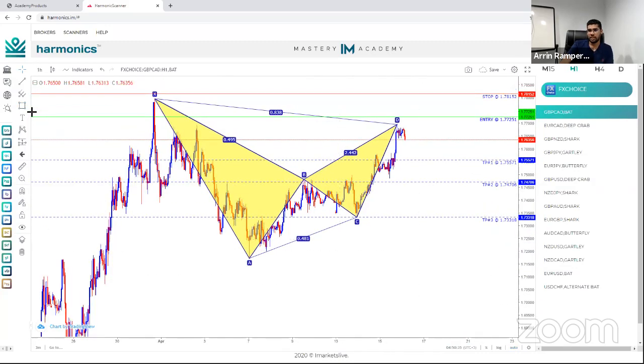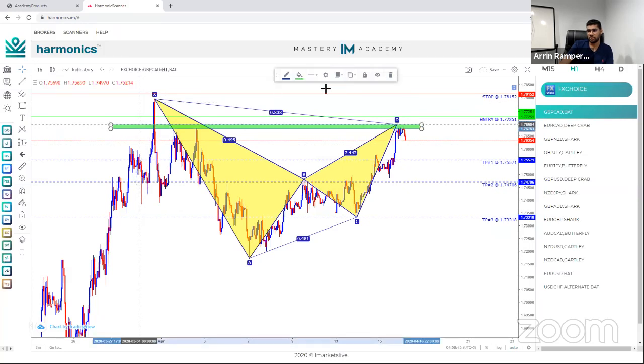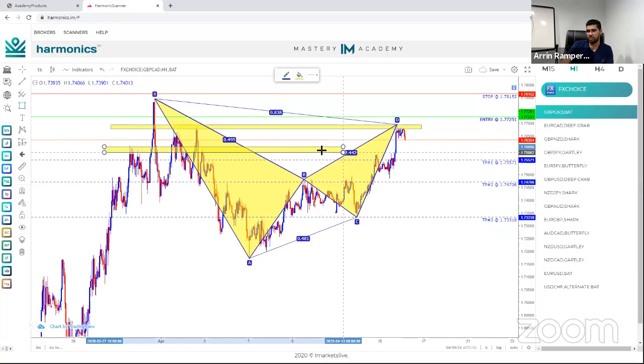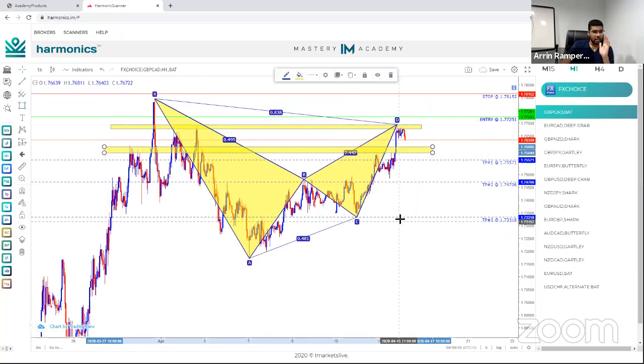The same way that we look at this area for an entry, because every time price gets within this zone, it typically drops. Likewise, if you look at this area, remember I drew a line here and told everybody, if you just want to set a take profit, this is the area that you want to set.